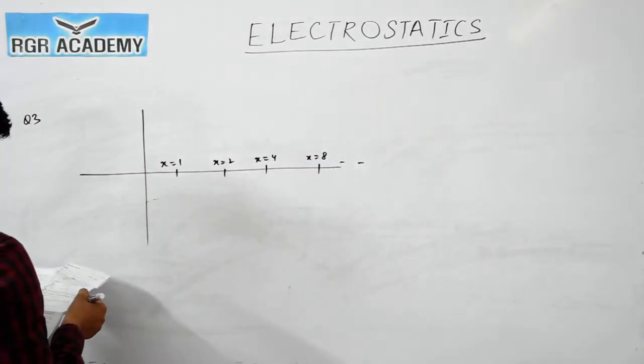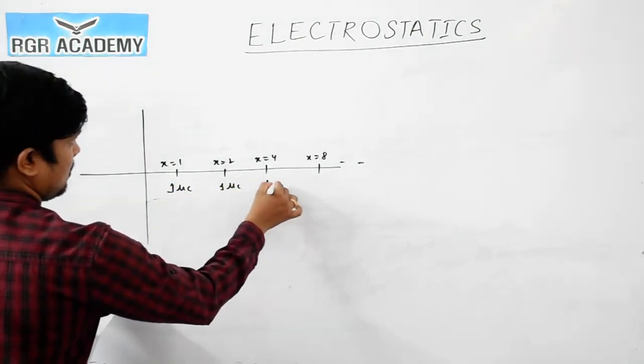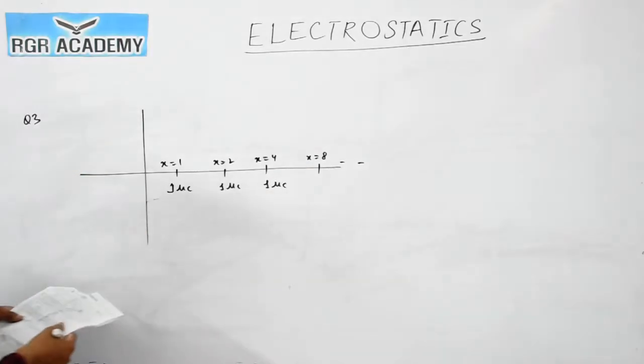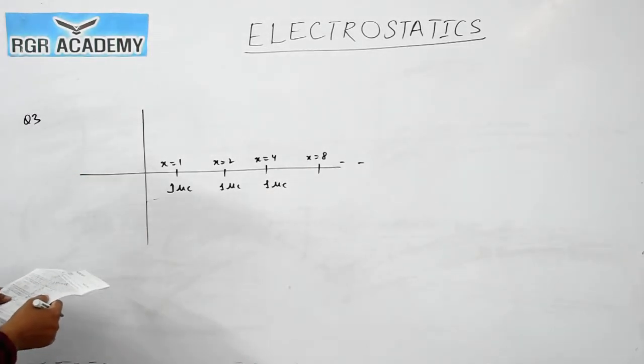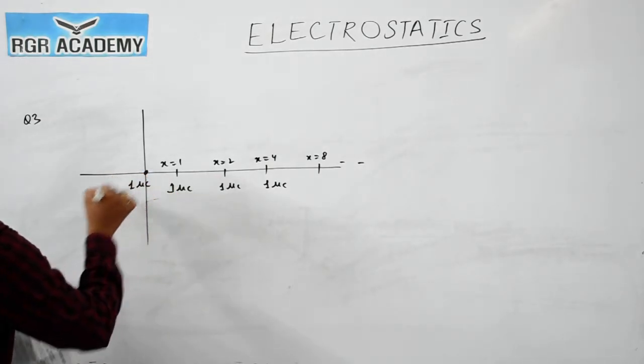What is the charge? 1 microcoulomb. What is the net force acting on the charge placed at origin? So they are asking the net force acting on the charged particle placed at the origin.